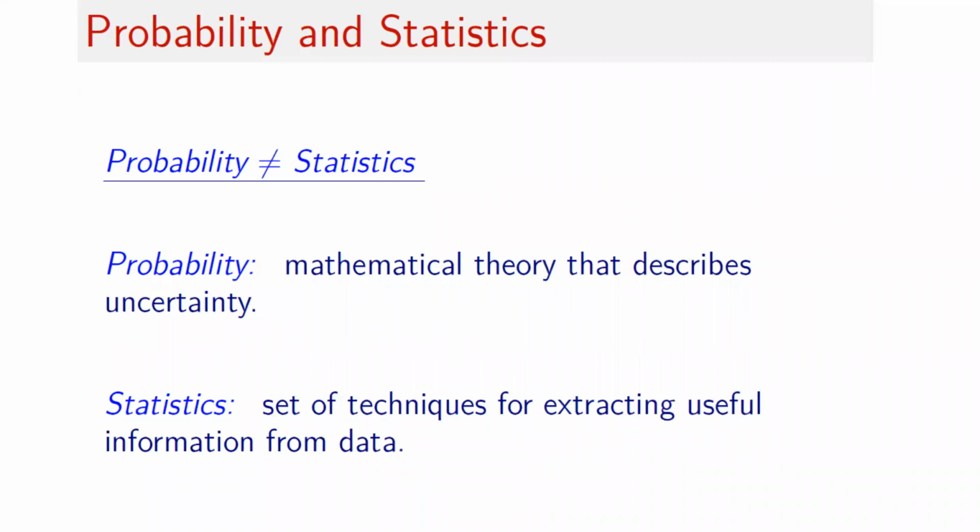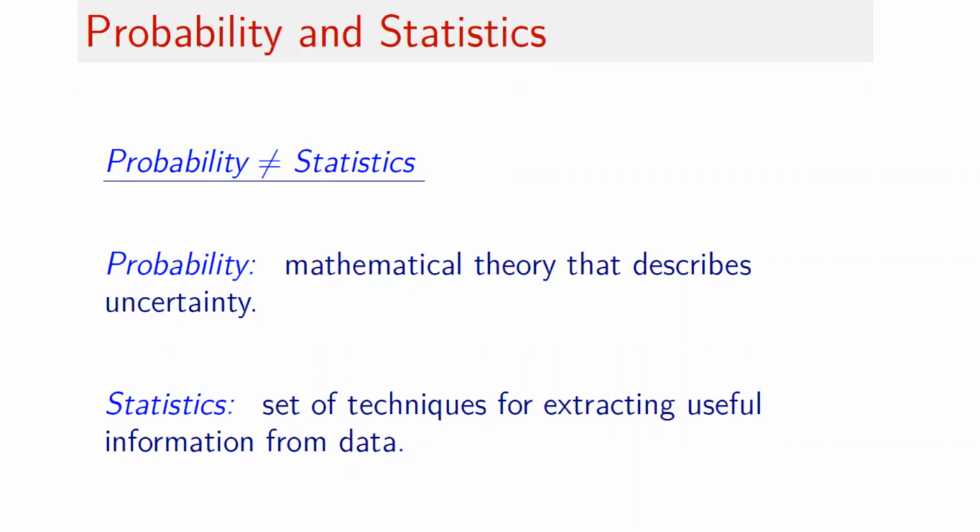Probability and statistics are two different topics. Probability is a mathematical theory that describes uncertainty. It is the analysis of a random system and the prediction of its behavior.